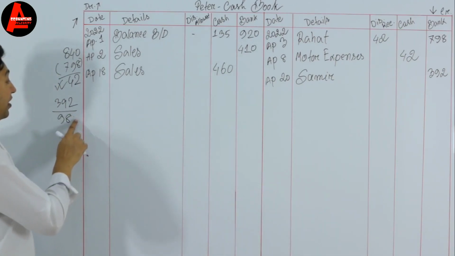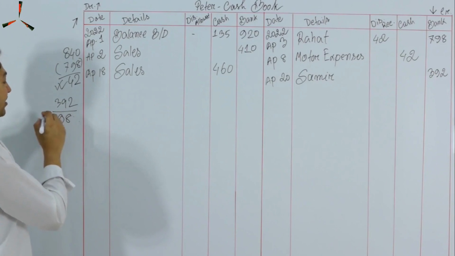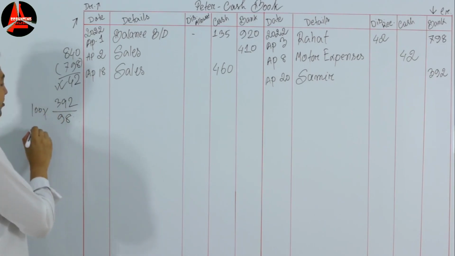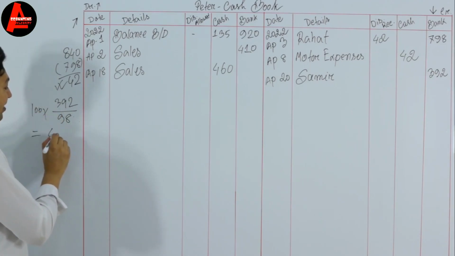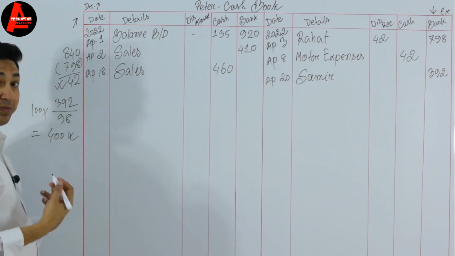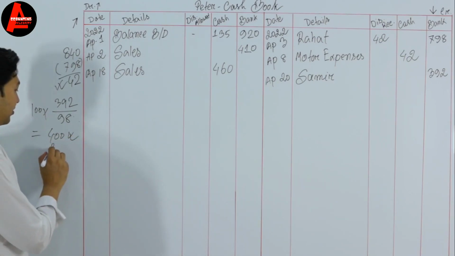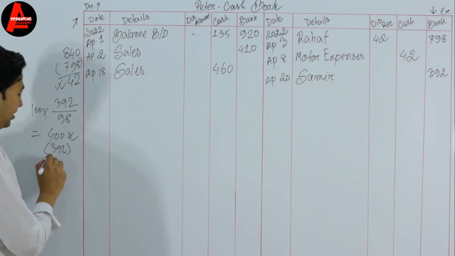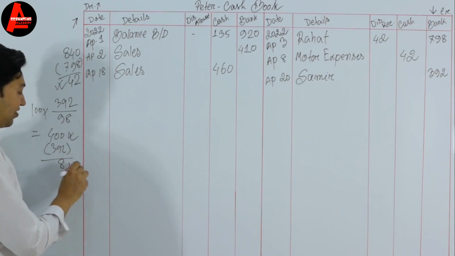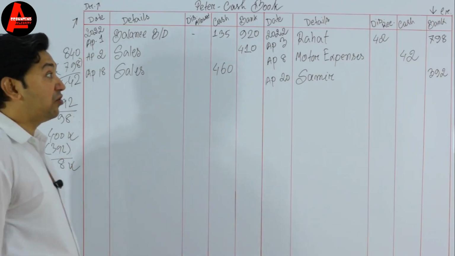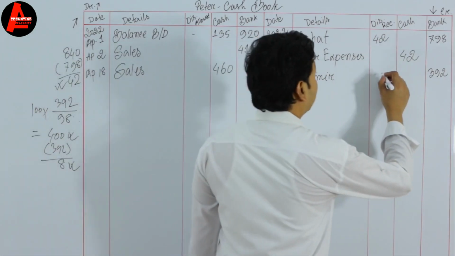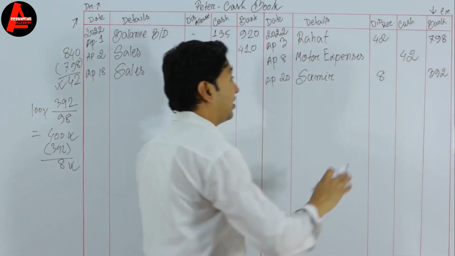So now if we divide this by 98 and multiply by 100, we get here $400, right? So this is the main amount, $400. So now 392, if we deduct from it, we get here $8. So the discount amount will be 8. Don't be confused. Many of you are confused when you get this type of question.